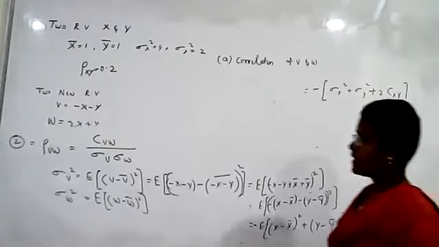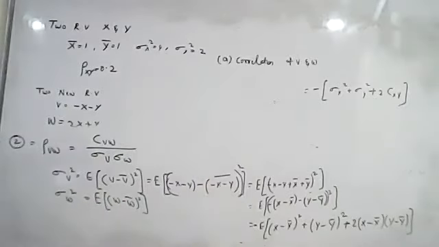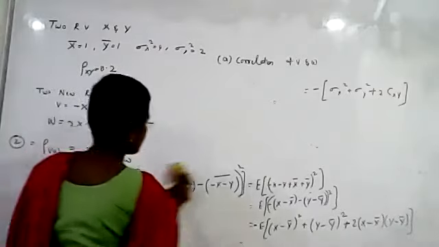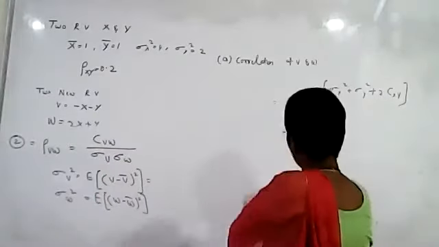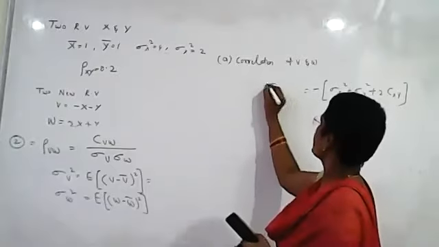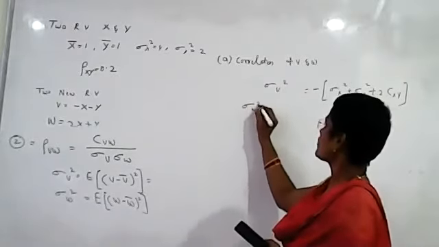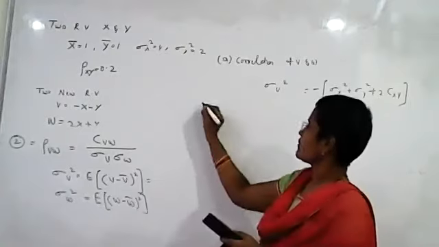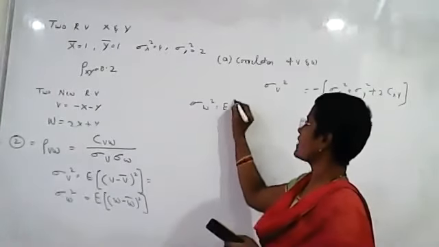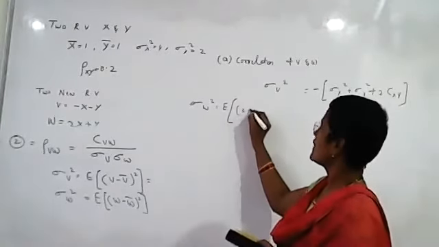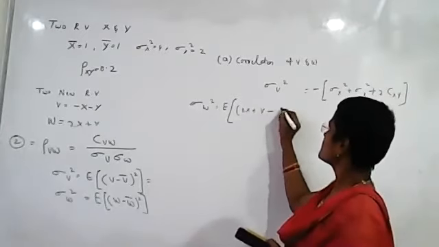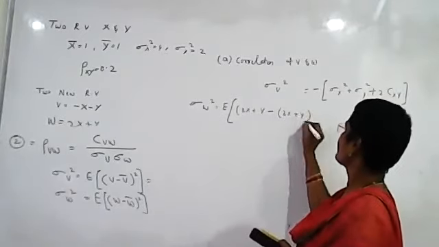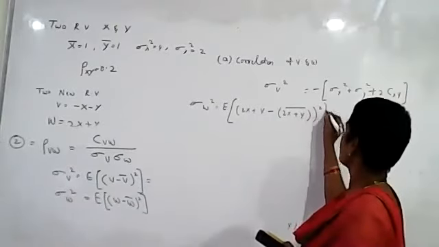Okay. Similarly, tell me what is the variance of W. The same procedure you have to follow to find out variance of W. Variance of W square is equal to expected value of what is W, 2x plus y minus the expected value of 2x plus y, whole square.